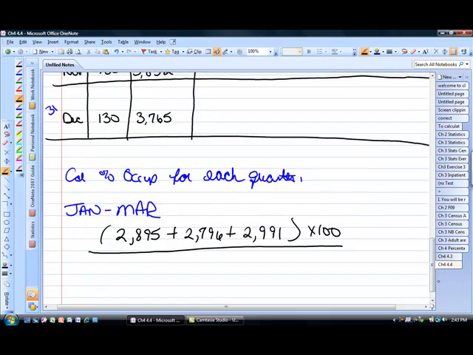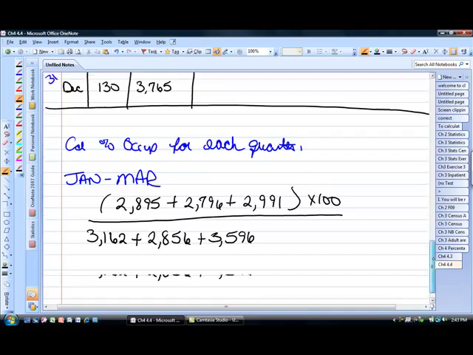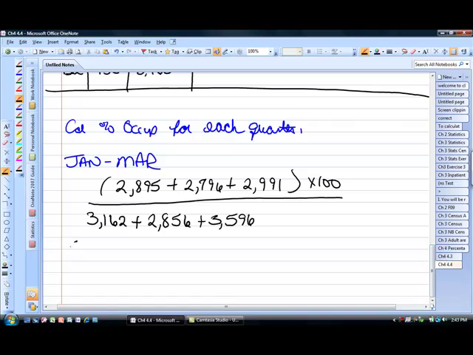And so we will have 3,162 plus 2,856 plus 3,596. You certainly could go back through and put 102 times 31 plus 102 times 28 plus 116 times 31.